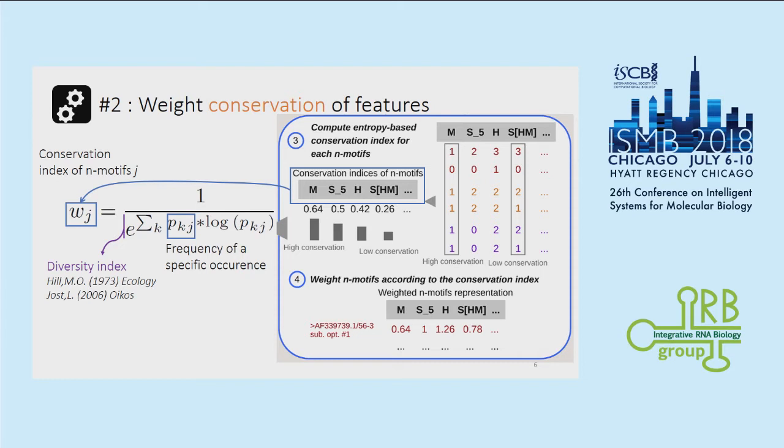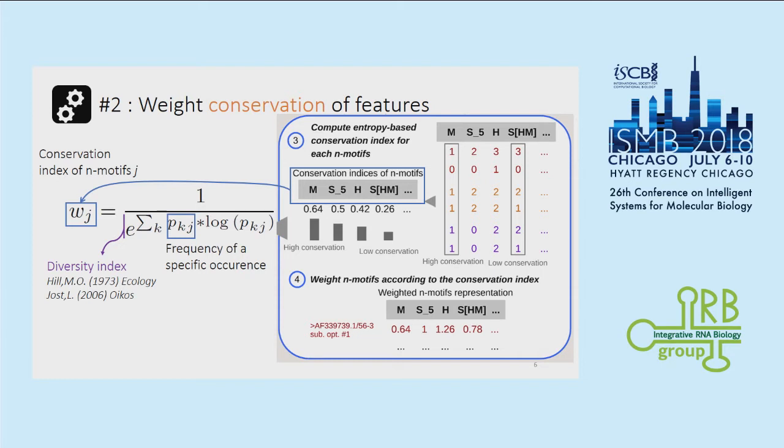So to compute the weight for each feature, we use an entropy-based weight function. Typically here, what we did is we would like to evaluate how, in a feature, the distribution of the occurrence varies. So here, we just use an index based on the diversity index, which in fact was used in ecology.